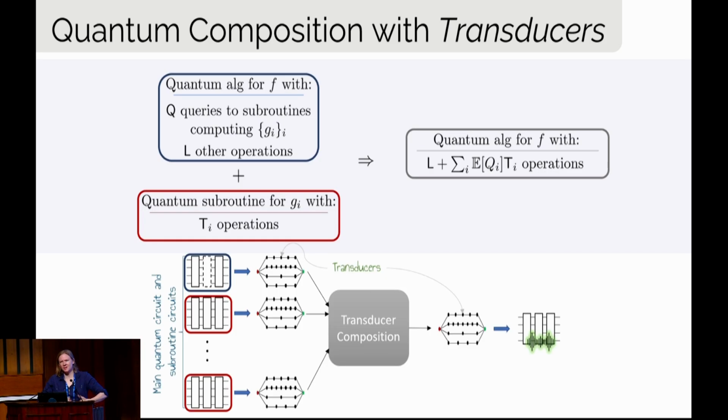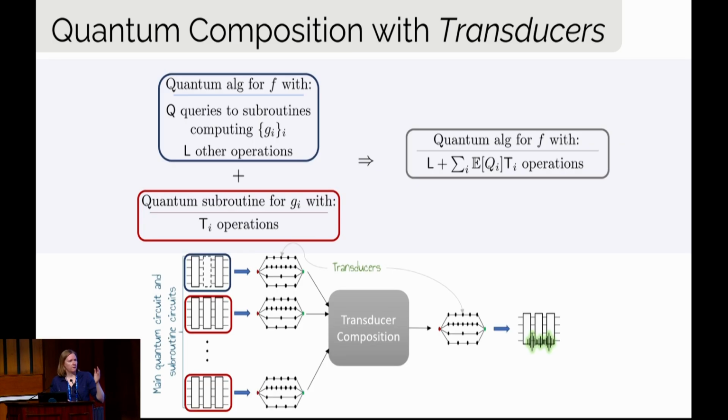So transducers in some sense have quantum walks as a special case, or at least for any quantum walk there is a transducer. So I'm going to draw transducers the same as quantum walks. You can imagine that they're the same thing. And transducers are a model of quantum computing such that you can map any quantum algorithm to a transducer, even if its behavior is an arbitrary unitary, even if it doesn't compute a classical function.